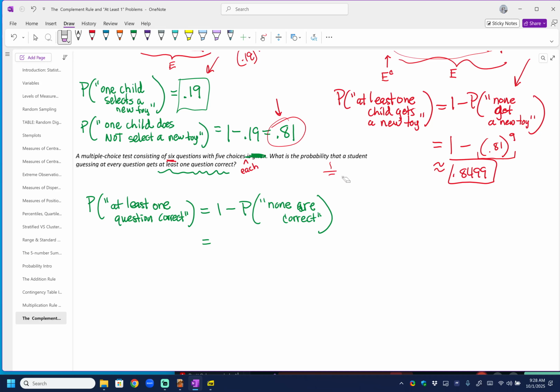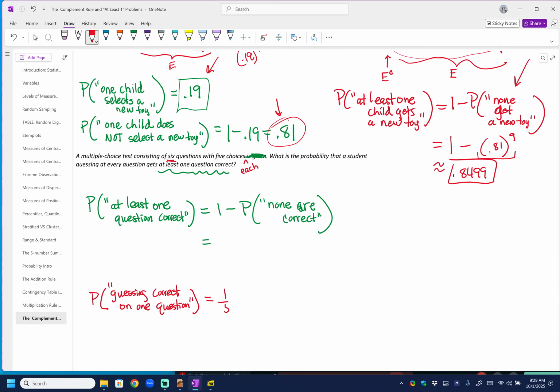But that's only on one question. So let's get that written down. The probability of guessing correct on one question is exactly what we said, 1 out of 5 or 0.2.